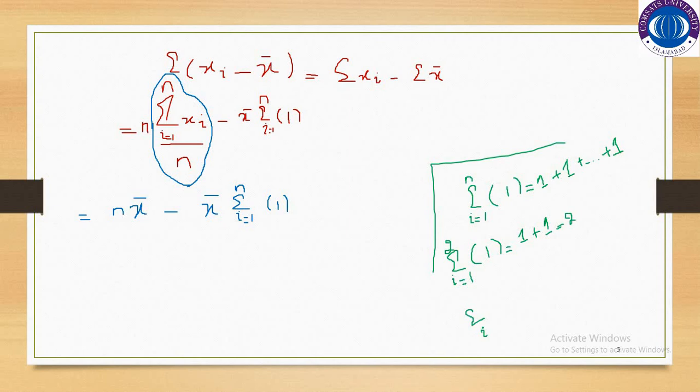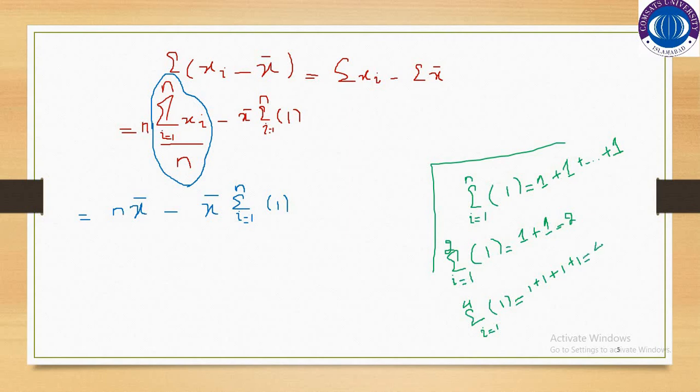If i is equal to 1 to 4 and this sum is applied over 1, it will be 1 plus 1 plus 1 plus 1, which is equal to 4.